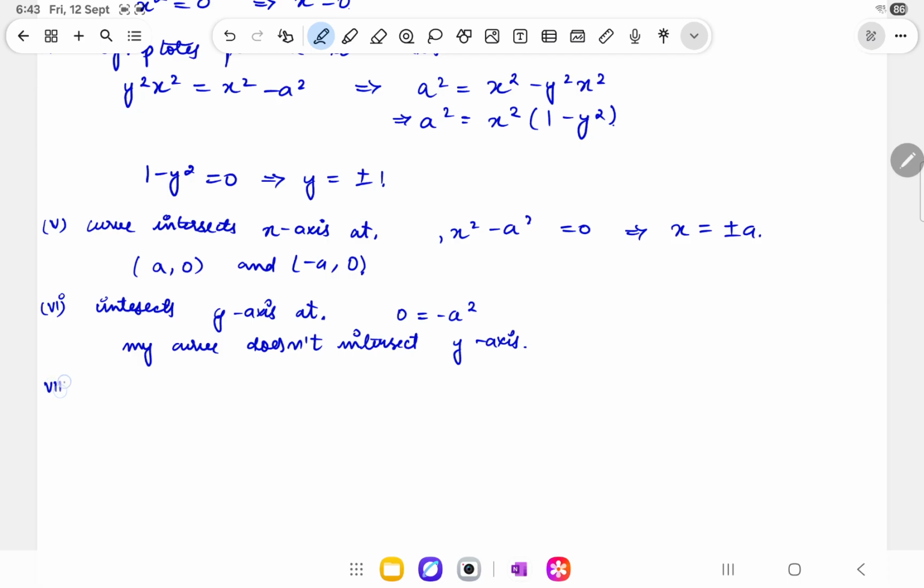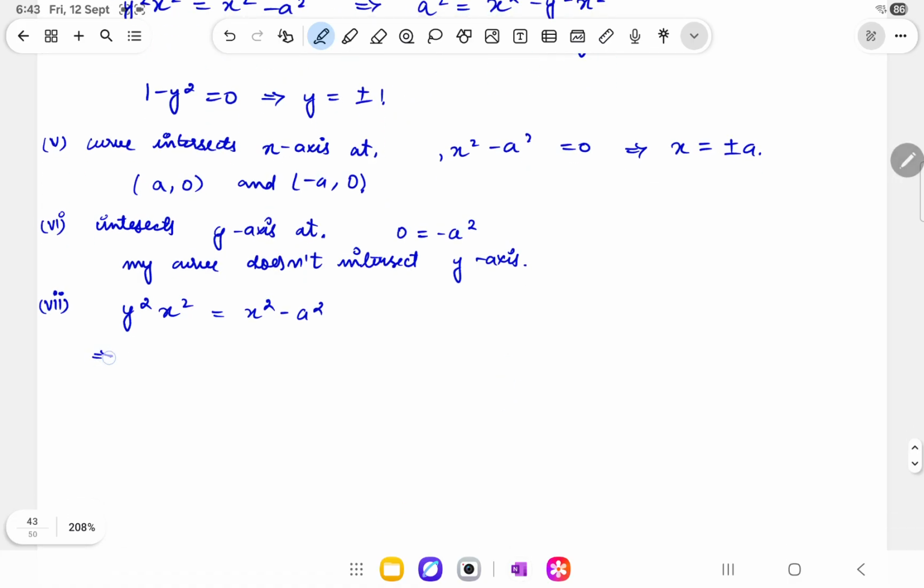Further, this is my curve: y square into x square equals x square minus a square. What I can do is explicitly express the curve in terms of x and y and see where the values of x and y lie. If I write it as y square equals (x square minus a square) by x square, we know that y square is always greater than or equal to 0.